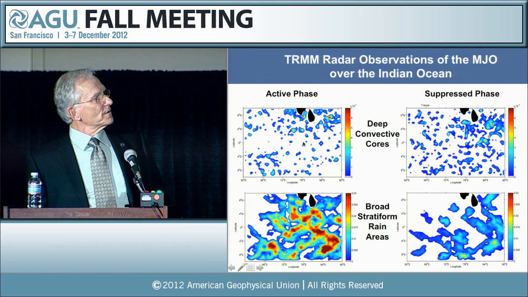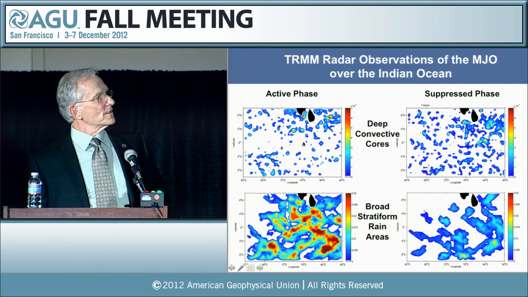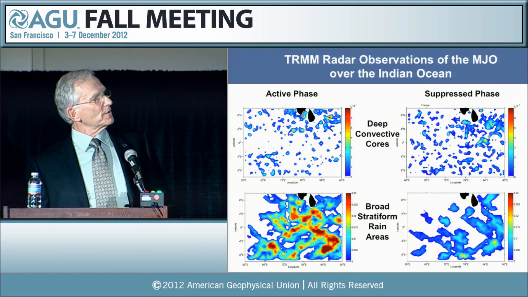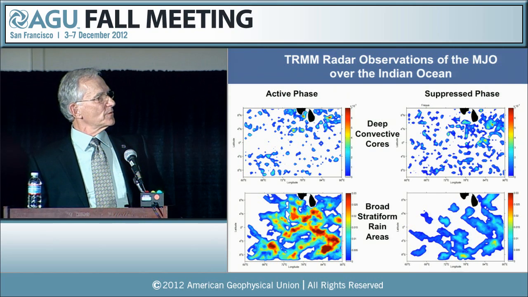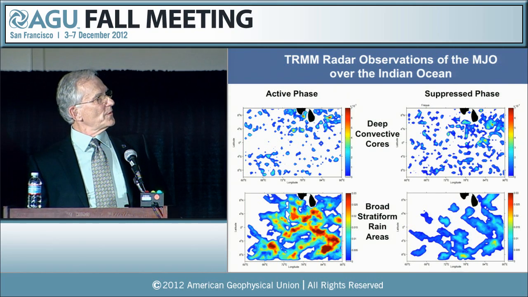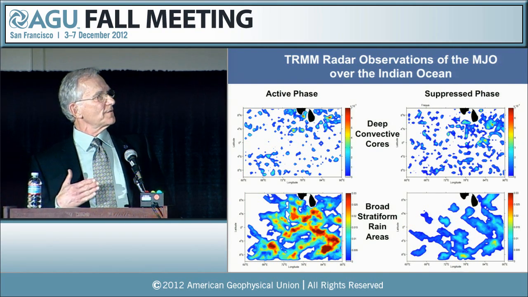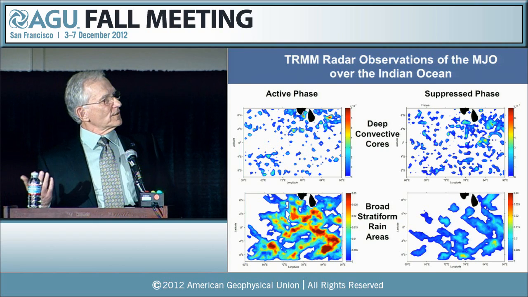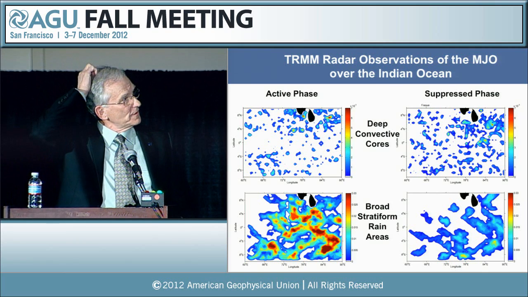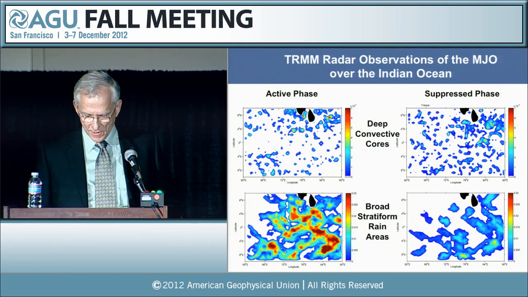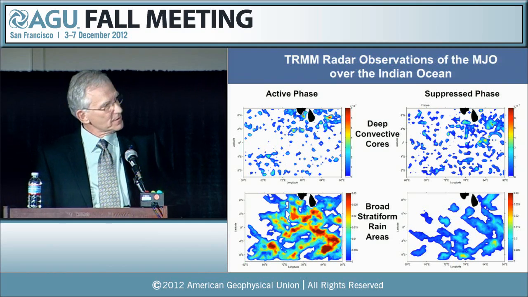This shows the frequency of occurrence of these deep convective cores, the ones consistent with earlier stages of development, and then the frequency of occurrence of broad stratiform areas in the lower panels, and you see how that changes from active phase to suppressed phase. So you see this change in the frequency distribution of different types of echoes as you go from phase to phase on this even longer time scale.